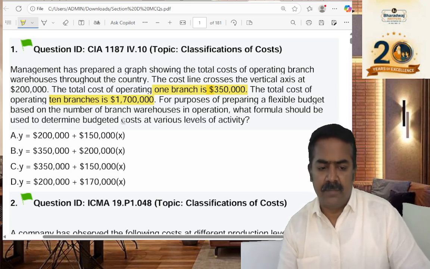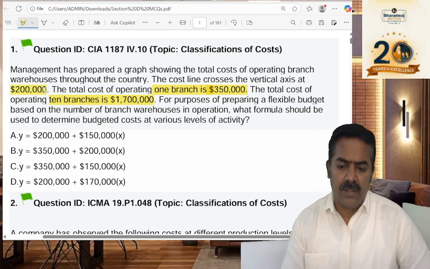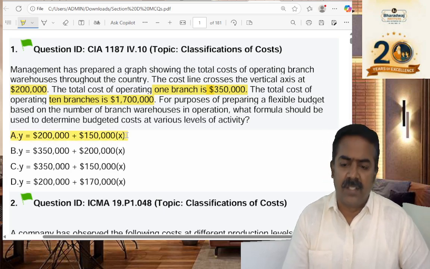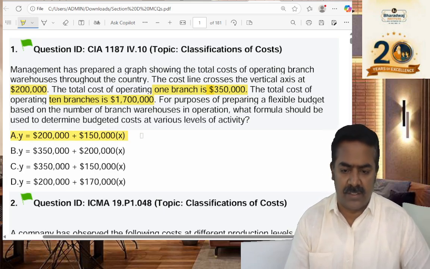Of option A, 350 minus 200 equals 200 plus 6. This is your fixed cost. The remaining is which one? Variable cost. So it will be y is equal to a plus bx. So 2 lakhs plus 1,50,000 into x.